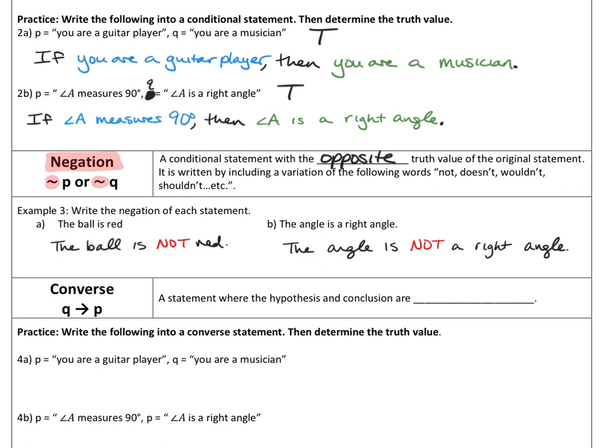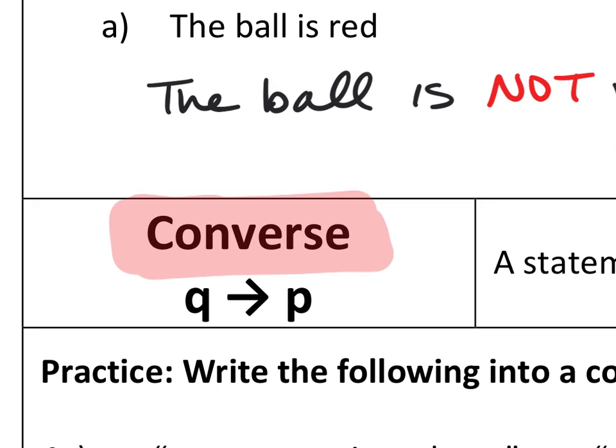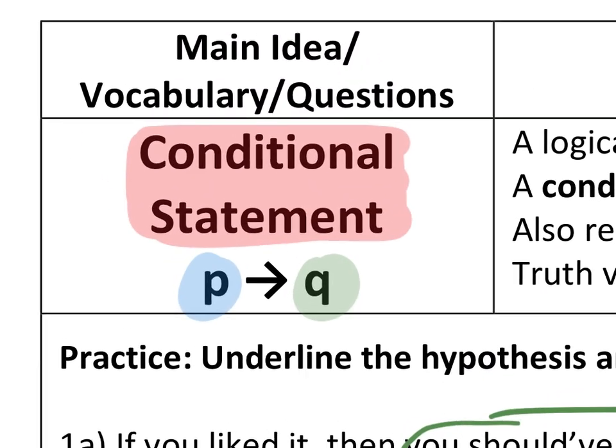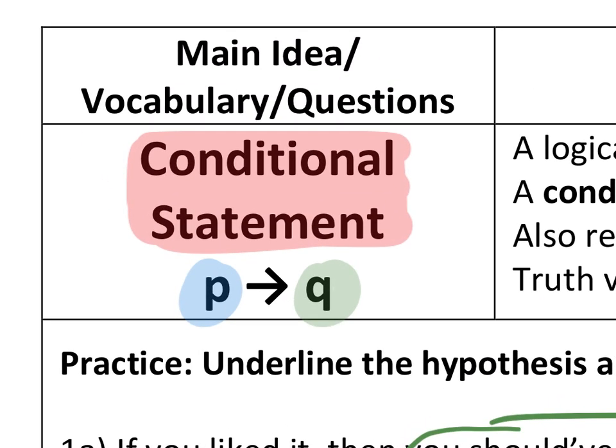The second thing we can do to these conditional statements is called the converse statement. Not like the shoes, but we're talking about a converse conditional statement. What is the difference? Keep your eyes on where it says converse. I'm going to show you a regular conditional statement. What's different between the regular conditional statement and the converse statement?